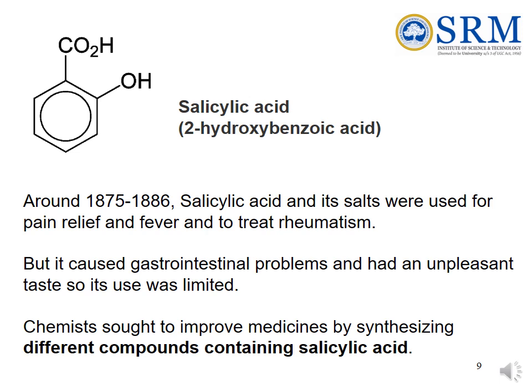Around 1875 to 1886, salicylic acid and its salts were used for pain relief, fever, and also to treat rheumatism. But it caused gastrointestinal problems and had an unpleasant taste, so its usage was limited. Because of this, chemists sought to improve medicines by synthesizing various compounds containing salicylic acid.